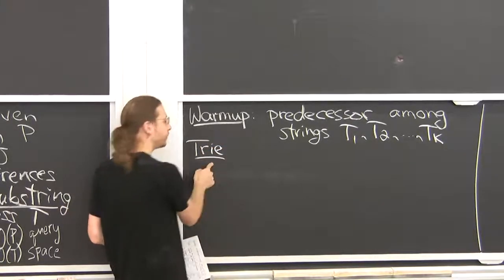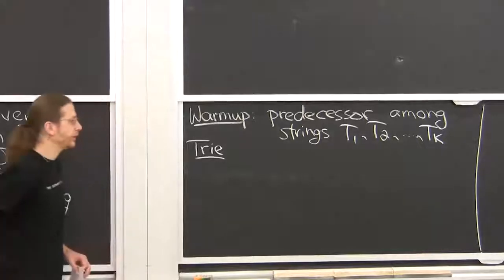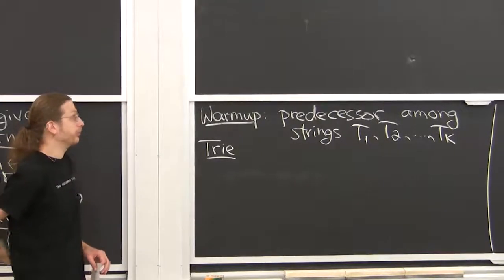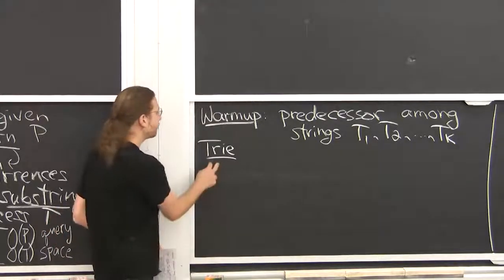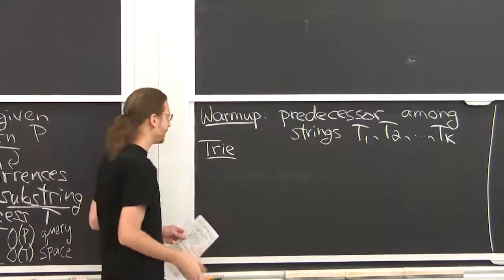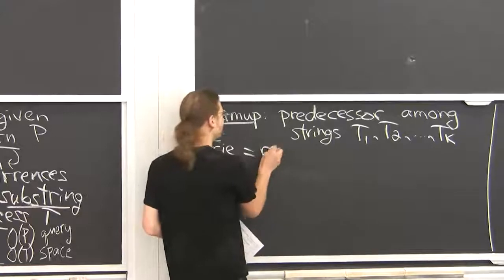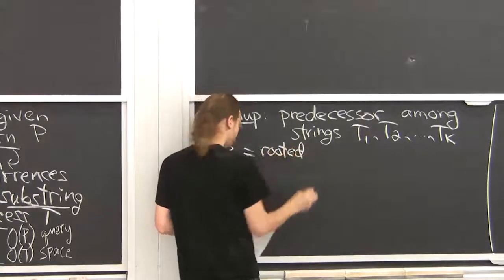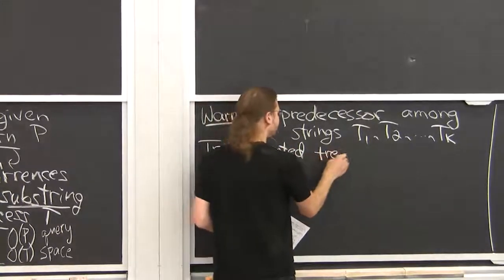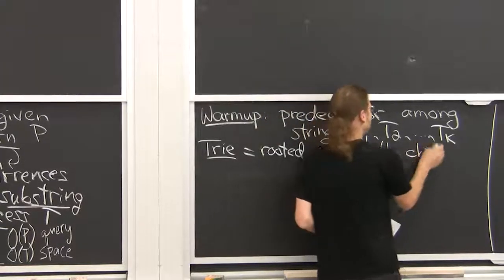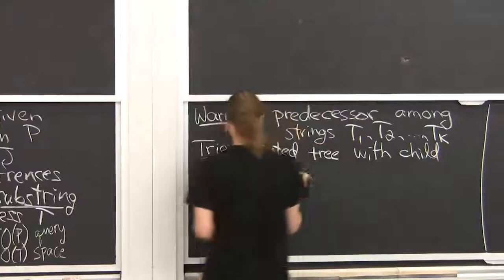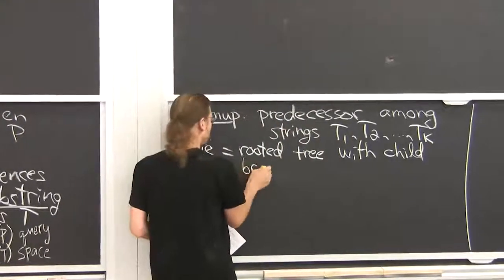Now, tries we've seen in the fast sorting lecture, when W is at least log to the 2 plus epsilon of n. And we used tries in a particular setting there. We're going to use them in their more native setting today a lot. In this setting, a trie is a rooted tree.